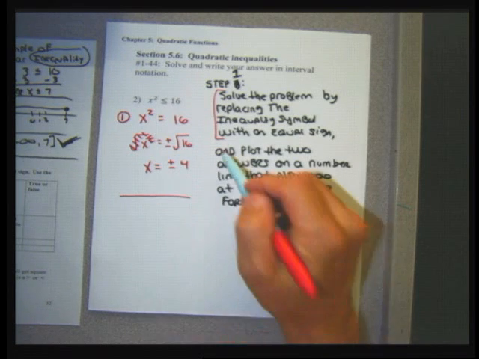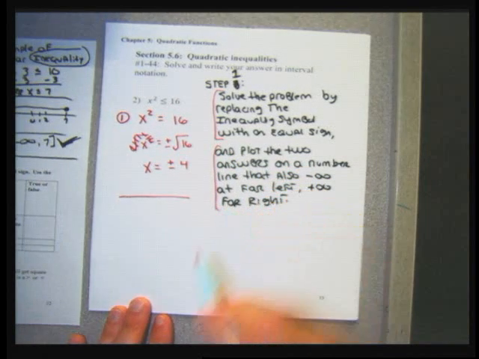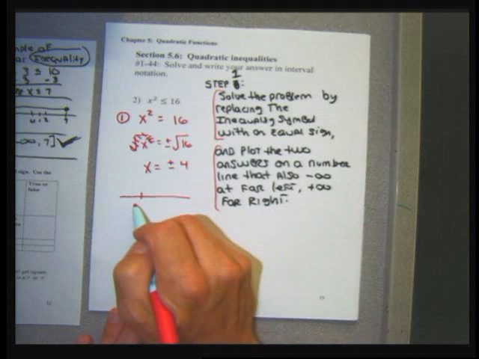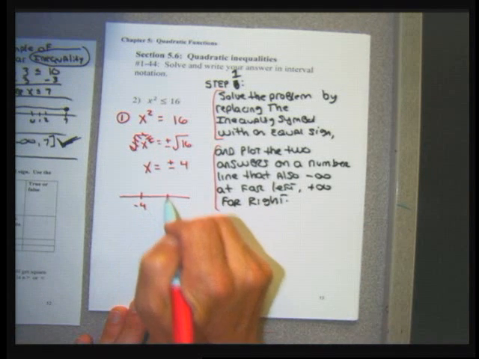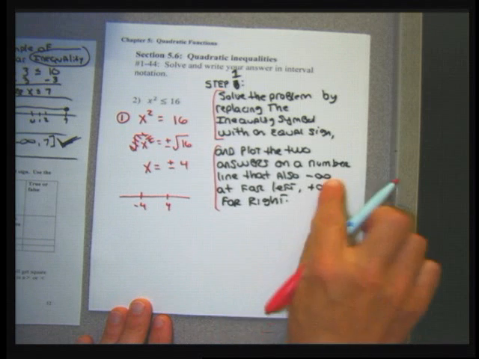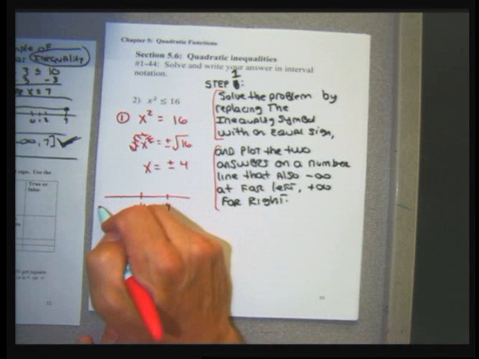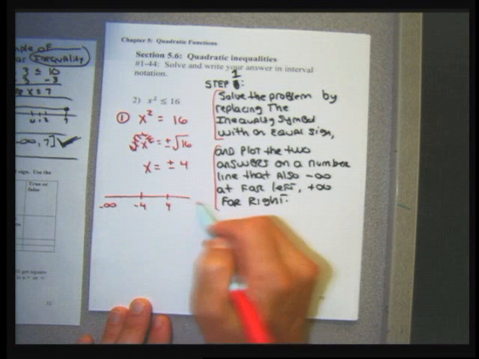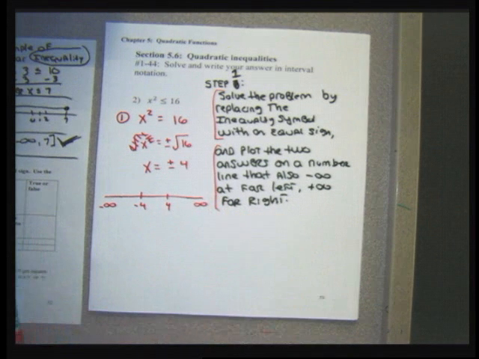And now I'm going to go to this part and plot the 2 answers, in this case negative 4 and positive 4, on a number line that also includes negative infinity at the far left edge and positive infinity on the far right edge. So I've done everything that I've written so far.